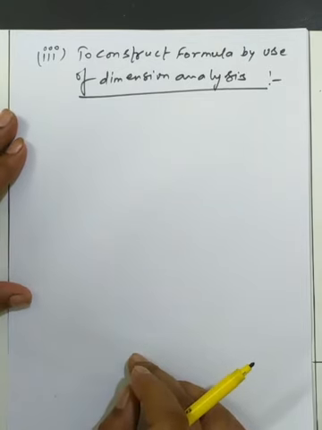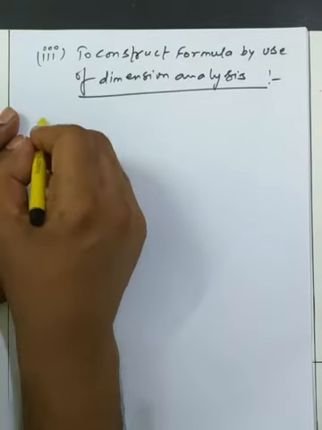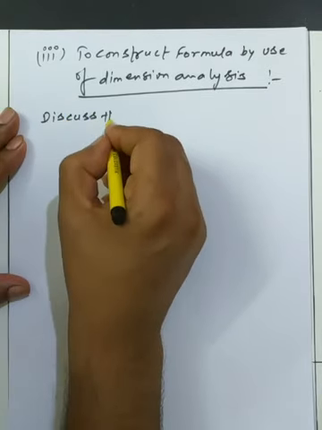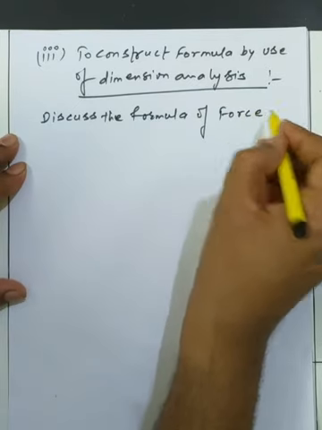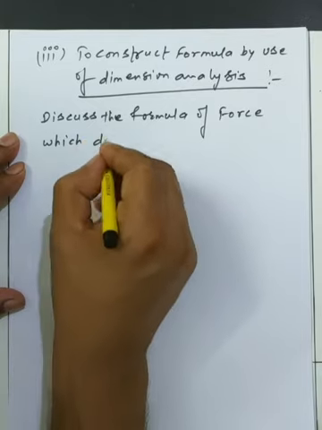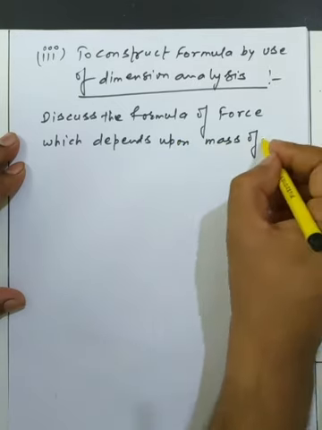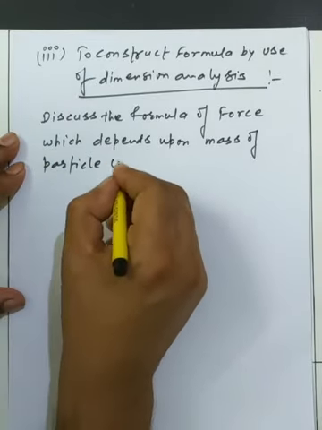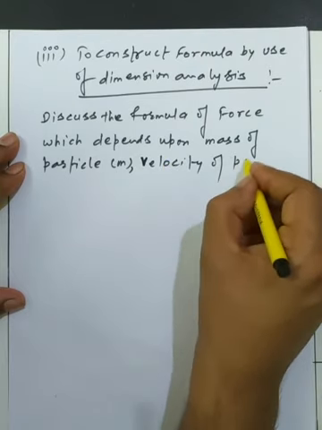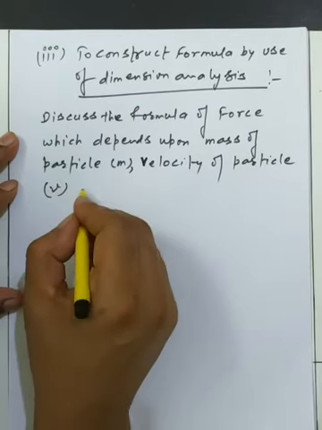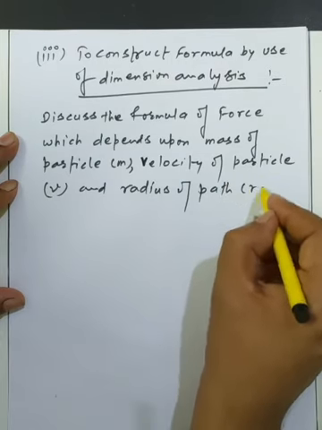One of the statements always given in the question, and I am giving you a sample question: discuss the formula of force which depends upon the mass of the particle, that is m, the velocity of the particle, that is v, and the radius of the path, that is r.